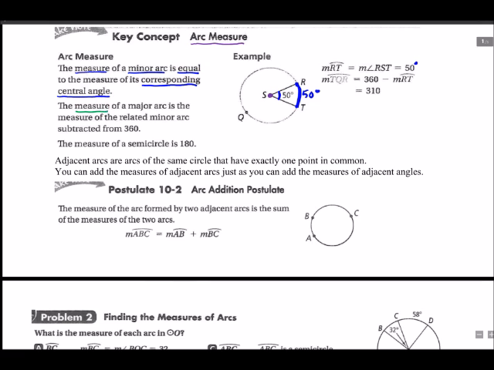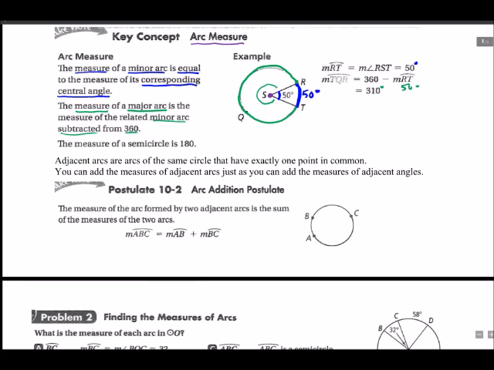The measure of a major arc is 360 minus the measure of the related minor arc, sorry. So we are looking at our major arc here, goes around there, arc TQR is 360 minus 50.